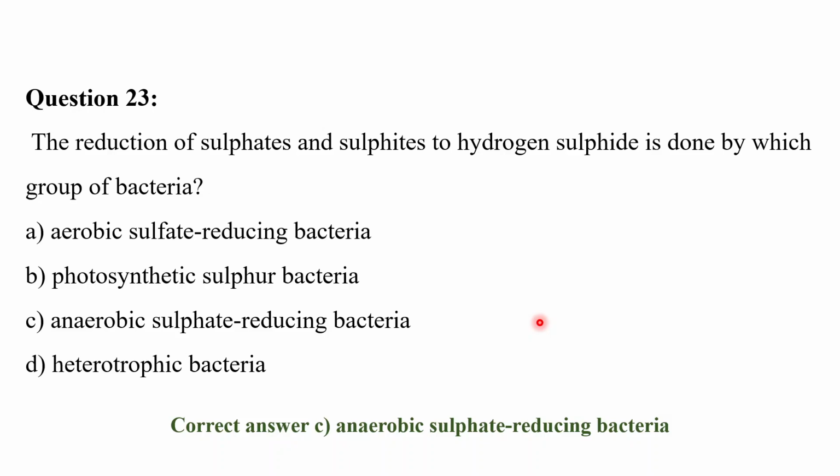Hydrogen sulfide being gaseous gets released to the upper surface of the column, where the anoxygenic photosynthetic bacteria can use H2S as the energy source. So this was the last question of the session.